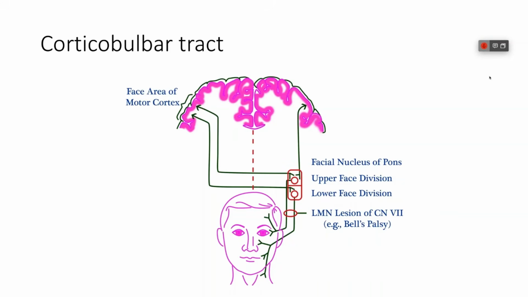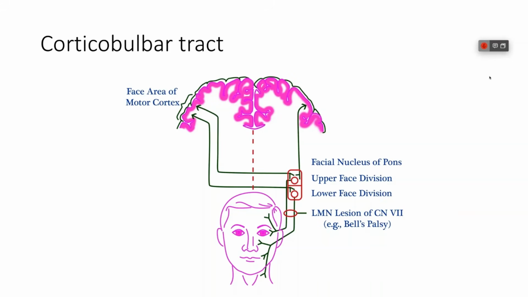So if you were to cut the right side upper motor neurons, you would still have innervation to the forehead because that has dual innervation from the left side upper motor neuron. But if you cut the lower motor neurons to that left side of the face, you get a complete loss of innervation. So you would have a complete facial droop, with forehead and lower part of the face.